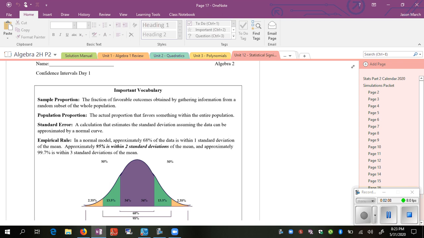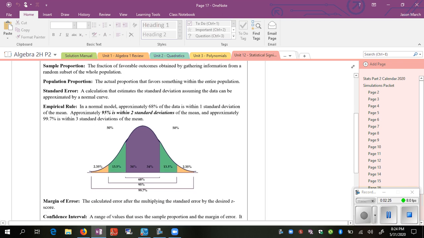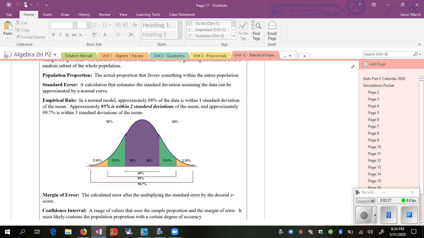The standard error is a calculation that's based off of how many people are surveyed, and it can be estimated with the standard deviation of the sample proportion in a simulation. The empirical rule involves the bell curve, from last unit.